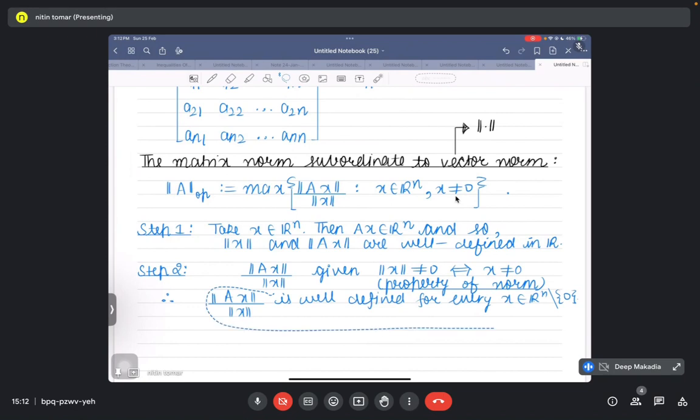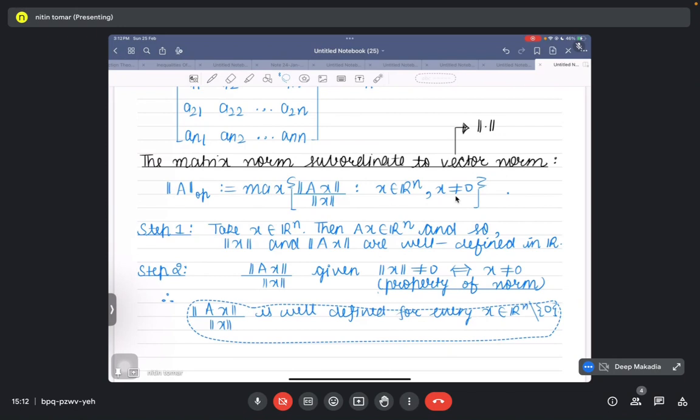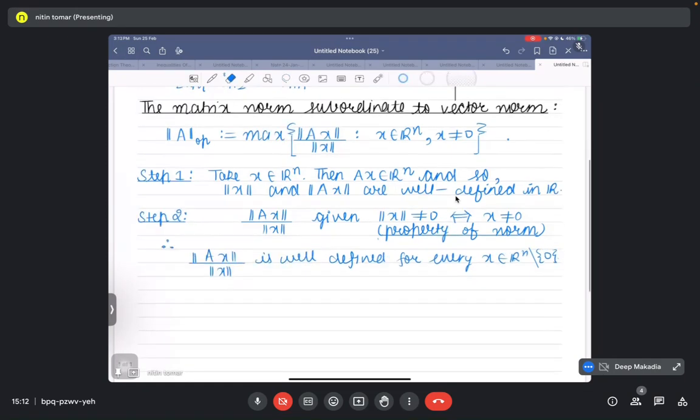Do all of you follow this? Yeah. So I can consider some set over this. What I do, I collect all these quantities. I can take all these quantities such that x belongs to Rn and x is a non-zero vector in Rn.